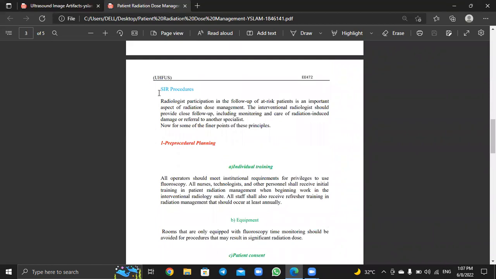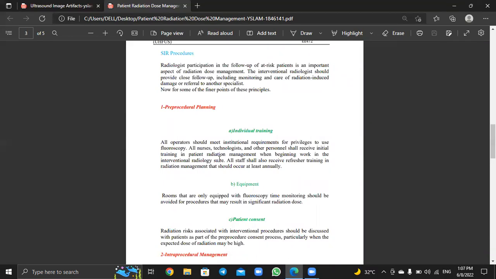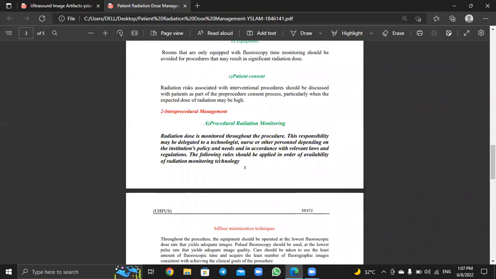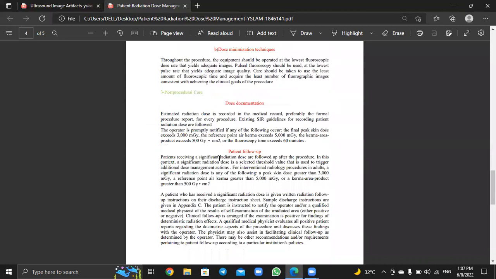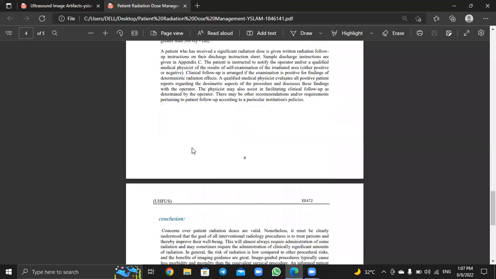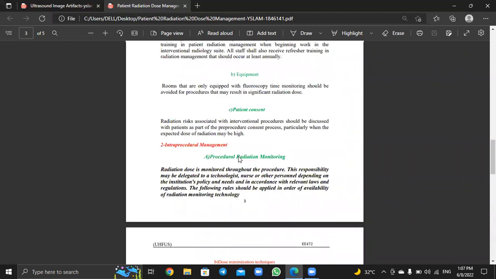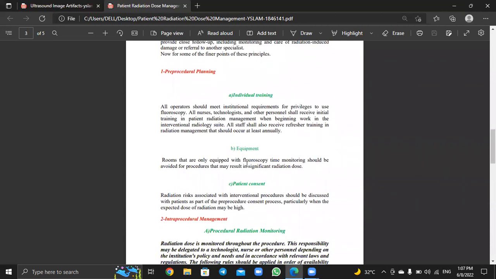And then I started with the SIR procedure. This is a company that brought some kind of rules for every patient through all over the years. So as you can see here, every step is important in order for every patient to get the dose.